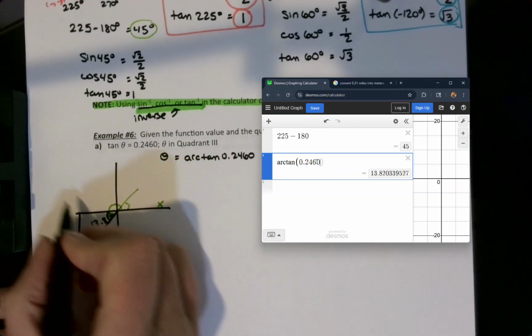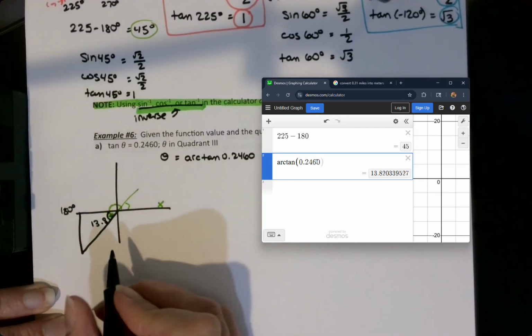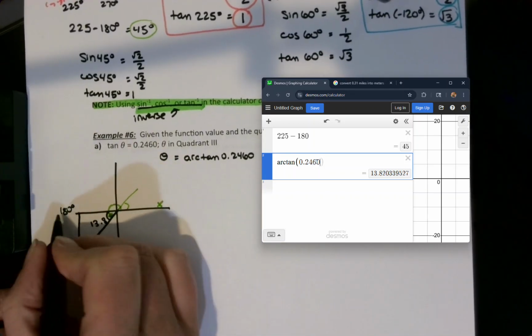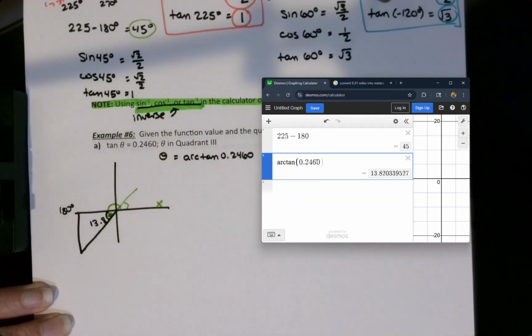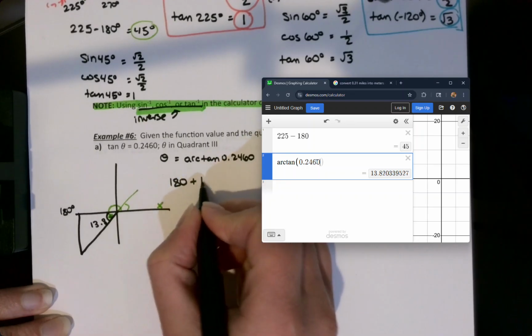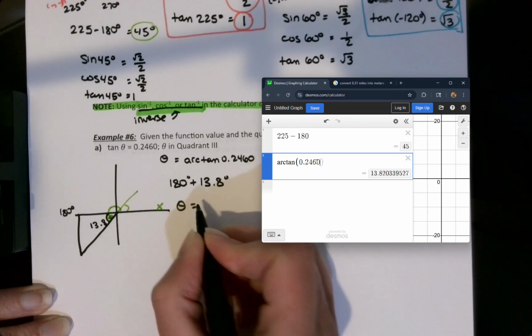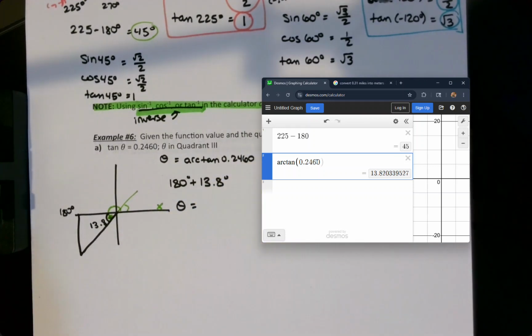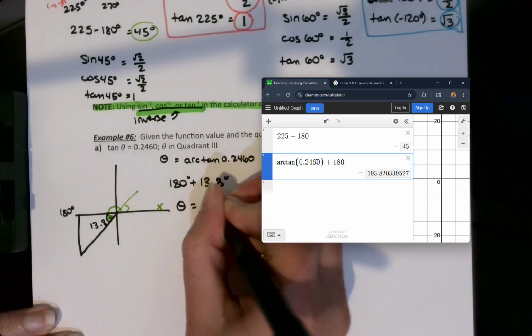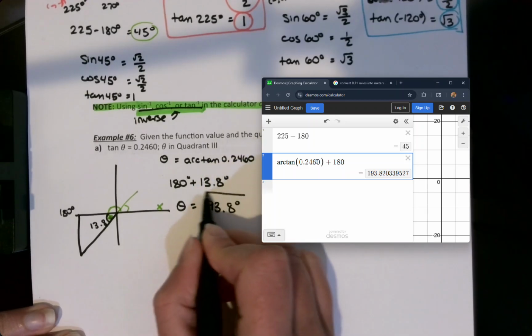In order to find the angle that I do actually need, I need to measure it as 180 past 180 degrees, the negative x-axis, by a measure of 13.8. So if we take 180 plus 13.8, theta would be equal to 193.8 degrees. And that's our actual answer.